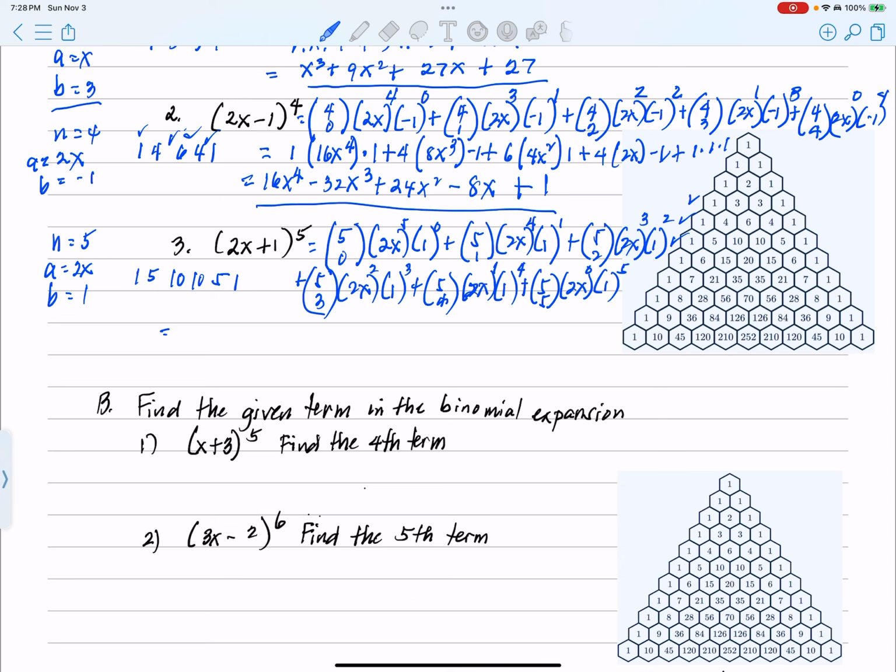5 choose 0, it's 1, times 2 to the 5th, that is 32, x to the 5th power. 1 to the 0, it's 1. 5 choose 1, it's 5.